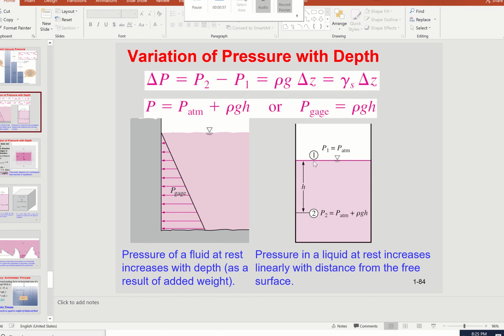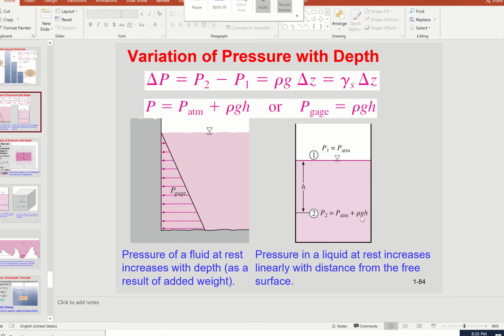Then when you go down inside this liquid, when you go deeper, the pressure increases in this linear pattern. So this pressure is going to be the atmospheric pressure, plus rho GH. What's rho? Rho is the density of this liquid.